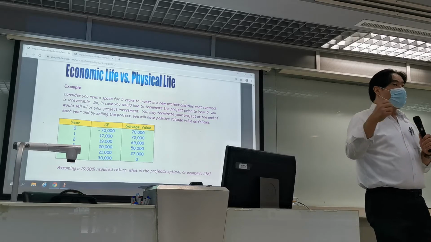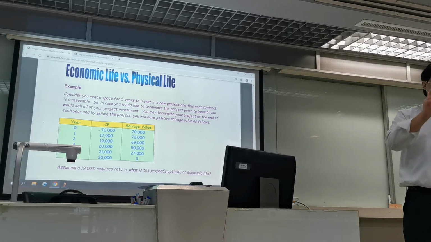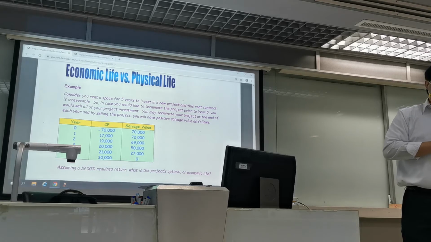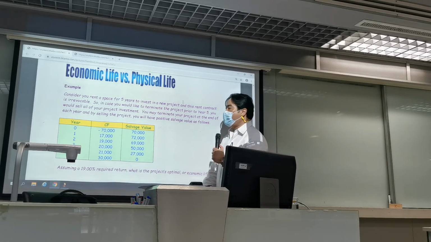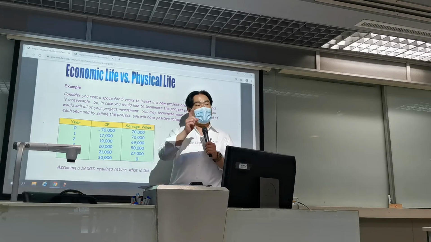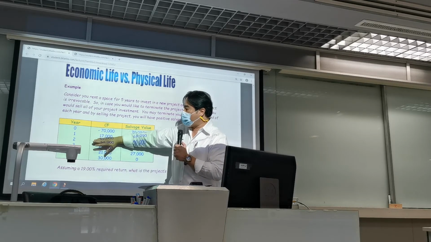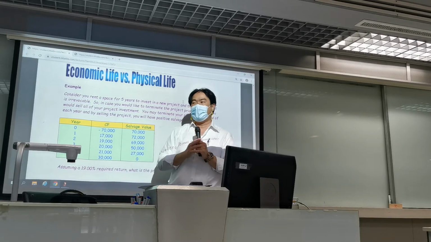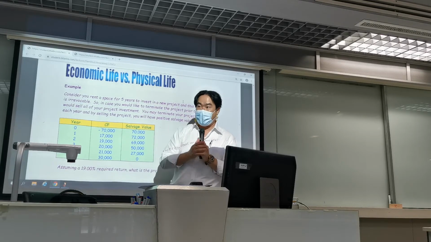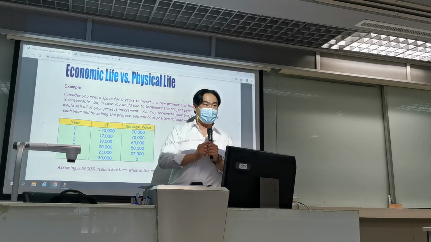So in this project, economic life in this case just equals 1 year. Even though useful life or physical life is 5 years, we are going to invest in just 1 year, and we are going to sell at the end of year 1. So you may notice that economic life is not only 1 year. In this case, economic life can be 1 year, 2 years, 3 years, or 4 years. It depends on how long you are going to invest in this project by yourself and when you are going to sell it.